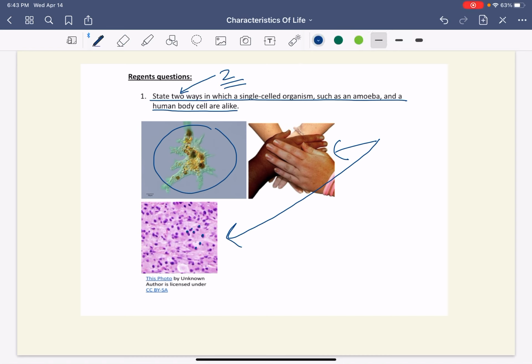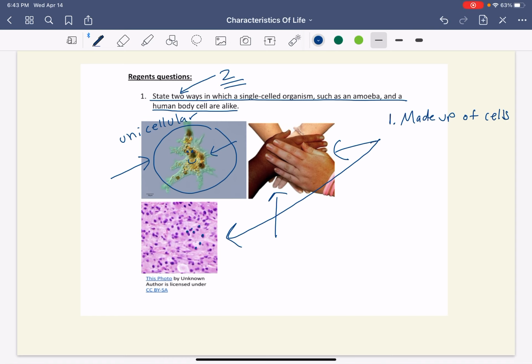So state two ways in which a single-celled organism, that's Mr. Amoeba over here, such as an amoeba, and a human body cell are alike. 1. How is an amoeba the same as a human? They are made up of cells. So even though the amoeba is just one cell, that's unicellular, it's living. It's made up of a cell. We're made up of trillions of cells.